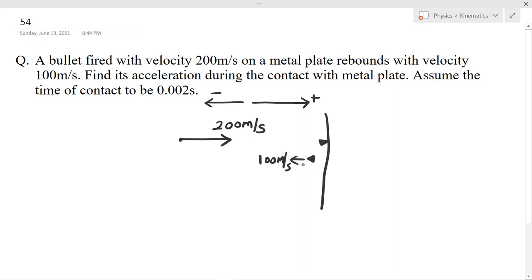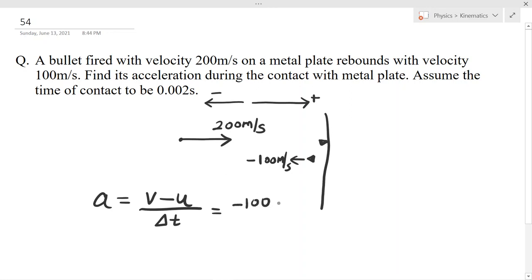Now what will be the acceleration? Acceleration is change in velocity taken in a certain interval, suppose delta t, so we will divide it by delta t.